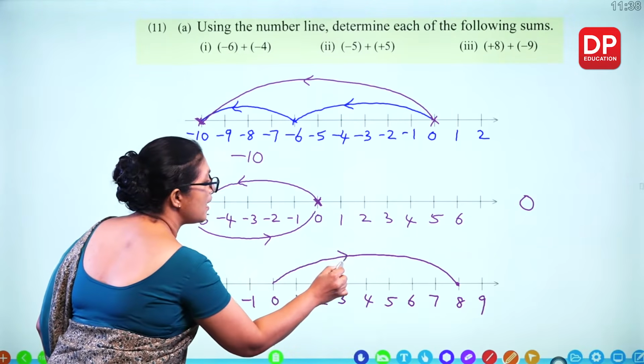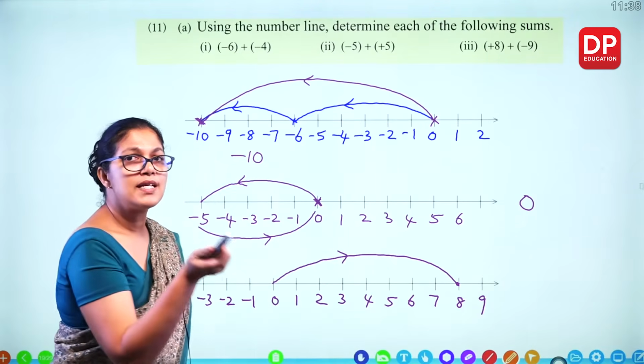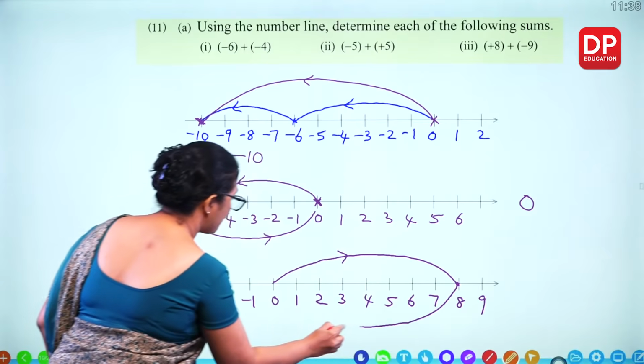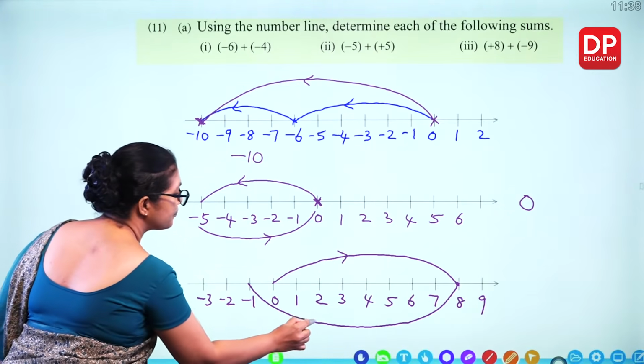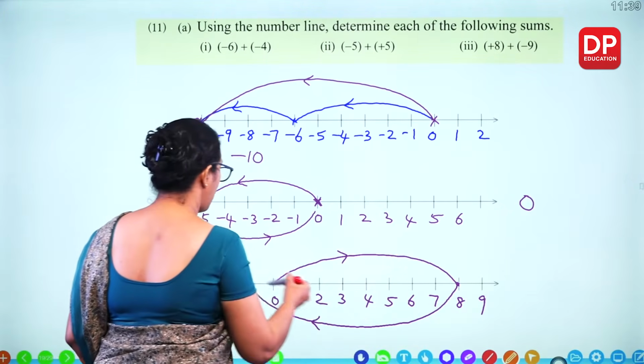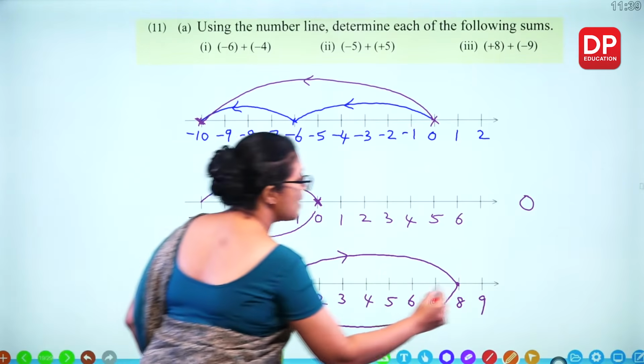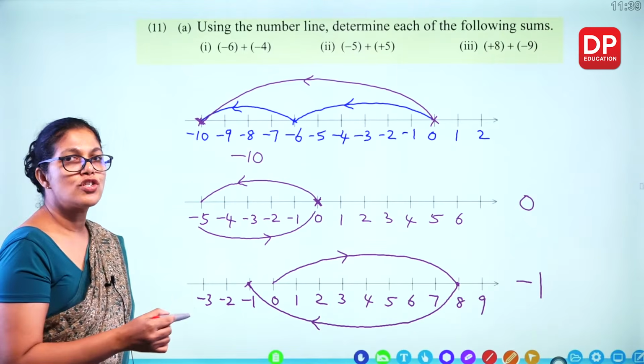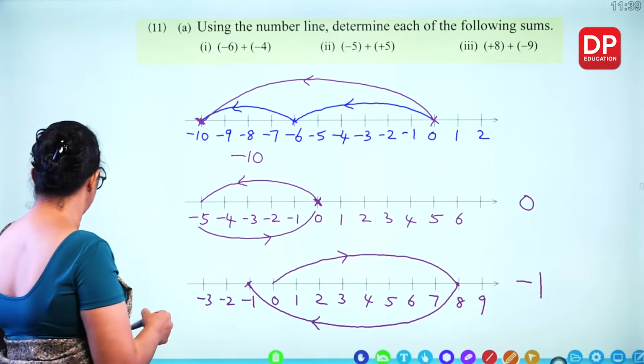And from there, minus 9, 9 to the left. So what do you get? Final answer is -1. So plus 8 and minus 9 addition is -1.